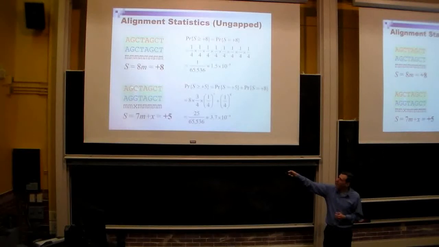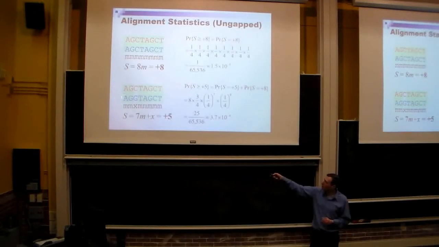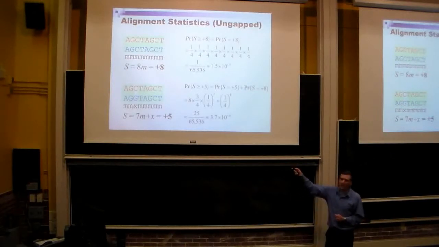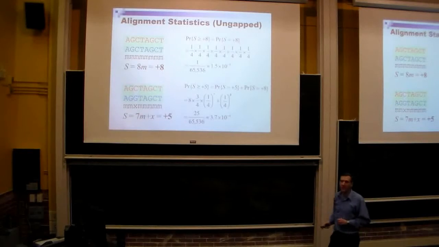So whatever base we have here that we are saying is the mismatching one, 3 times out of 4, the thing that aligns to it would mismatch, and then probability 1/4 of getting each of the other bases matched. So 1/4 probability to get an A here, and a G here, and a T here, and an A here, and so forth. And then you take the full product, and you get 8 times 3/4 times 1/4 to the 7.